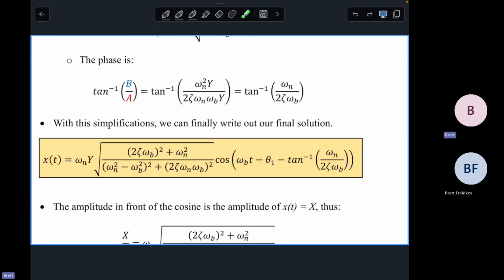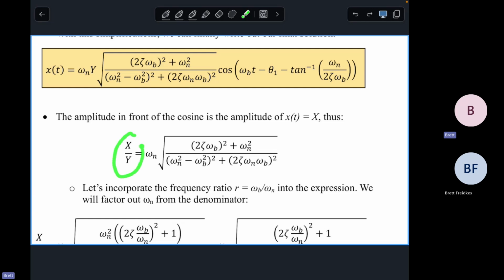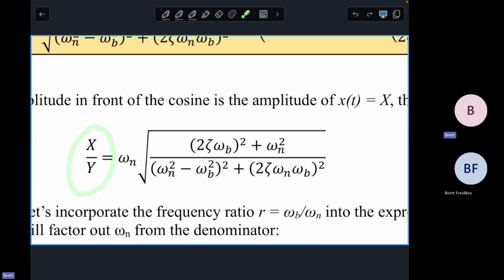But the thing that we care about the most is this thing. What is this called? That is a transfer function, but specifically for base excitation. What is this name? It's the displacement, which is not that long. Transmissibility.